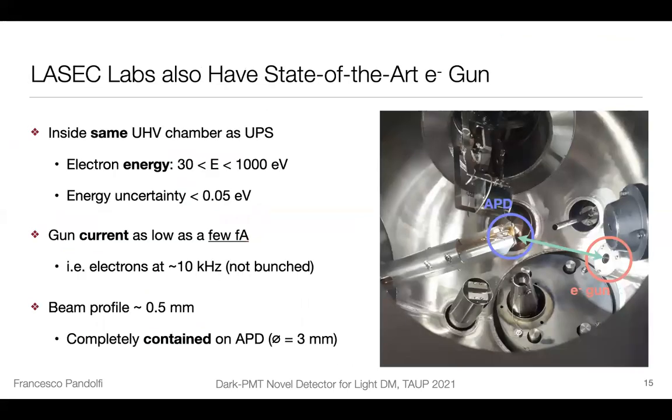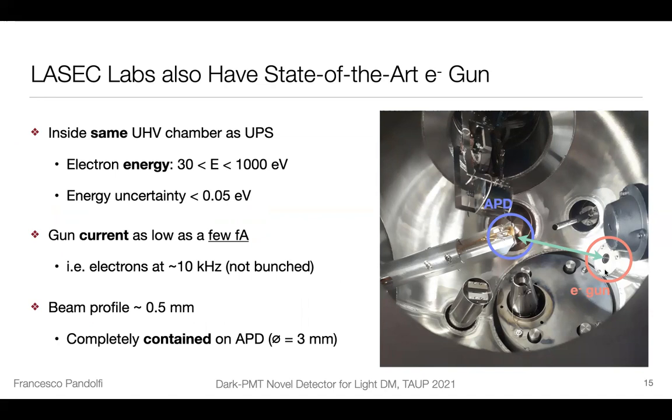To characterize the response of these detectors to electrons, we're still using this UHV chamber at LASIK Labs. We're not using the UV lamp and the electron analyzer, but we're using this electron gun that you can see here in the image. This is a monochromatic electron source, which produces electron beams with energy between 30 eV and 1 keV, with an RMS on that energy of less than 50 milli electron volts.